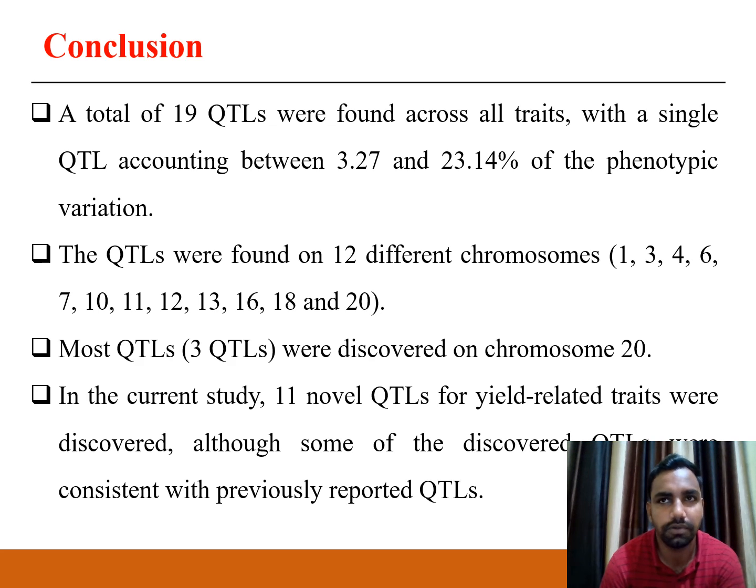If I talk about the trait, the maximum number of QTLs were identified for seed weight per plant, which was 5 in number, and 3 of those were major QTLs. In this current study, we identified 11 novel QTLs for the related traits, and some of the identified QTLs were consistent with previously reported QTLs.